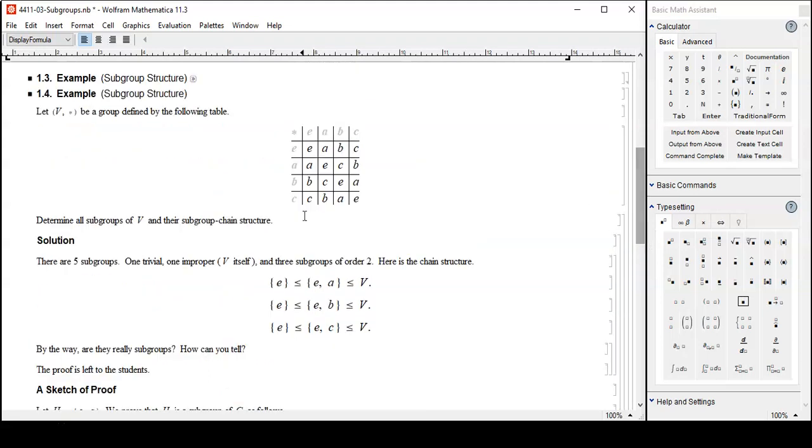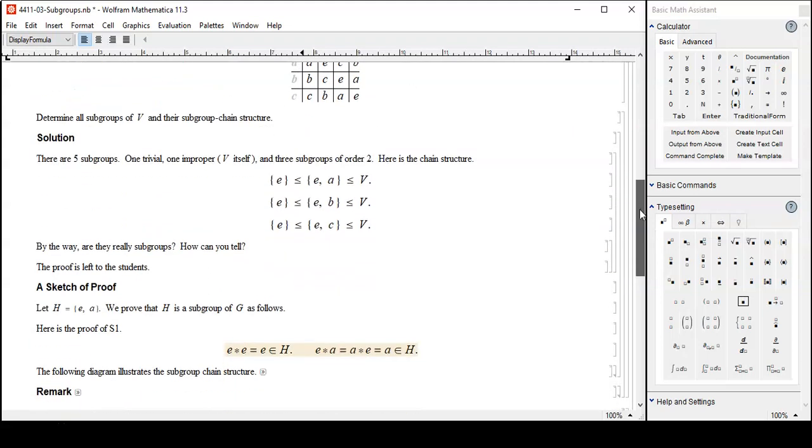But in any case, yeah, this is abelian in any case. Finally, a star a is e, and then that belongs to H. Yes, everything ends up in H. So yes, that completes the proof of S1.